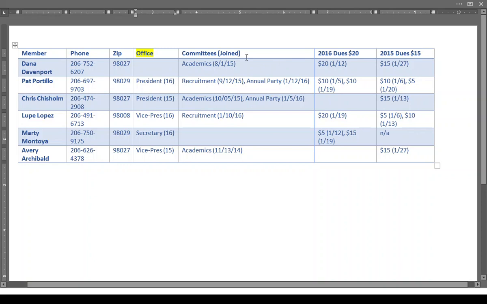Another question, let's look over here with committees. We see several things that are a bit of a red flag. First, we have places where two different committees are mentioned in one cell. Pat was on the recruitment committee and joined on that particular date, and was on the annual party committee and joined on that particular date.